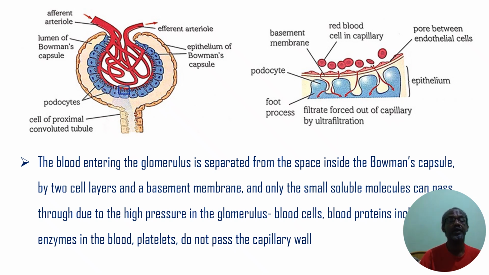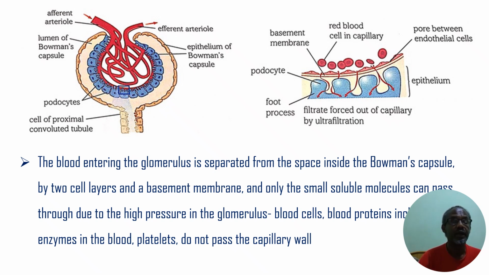Really, they are smart. There is also a basement membrane. All these layers are responsible to filter blood due to pressure, so that you can see when the filtrate comes down, it filters into the space, the Bowman's capsule space.